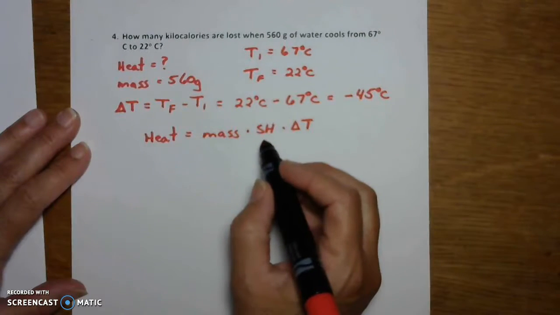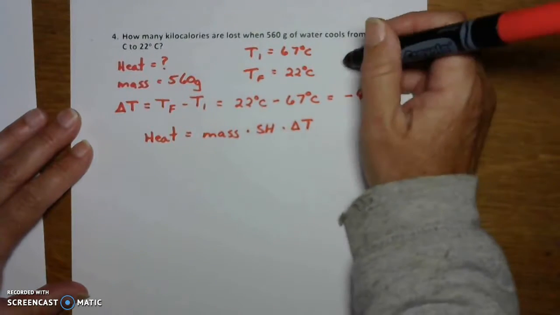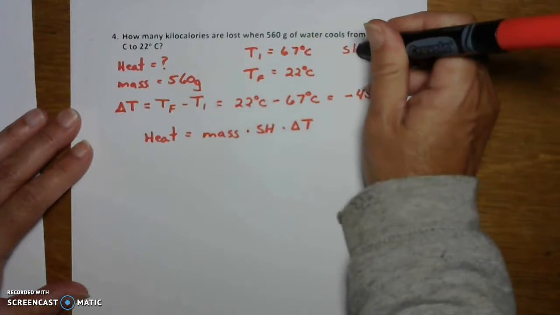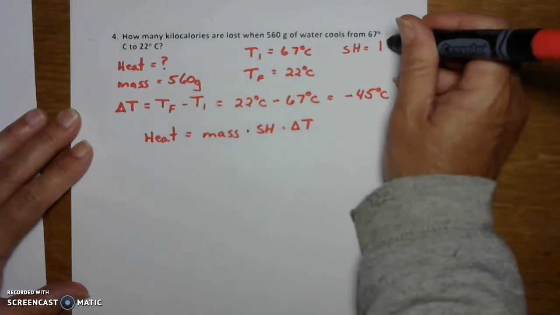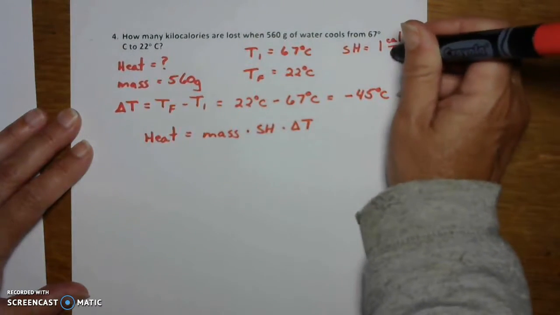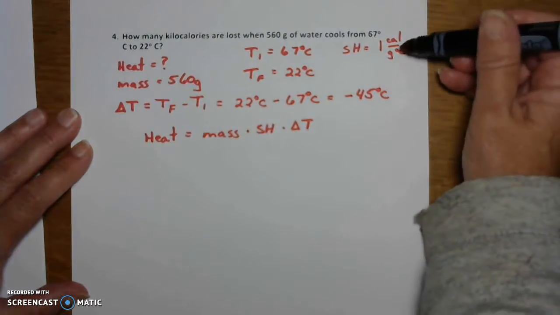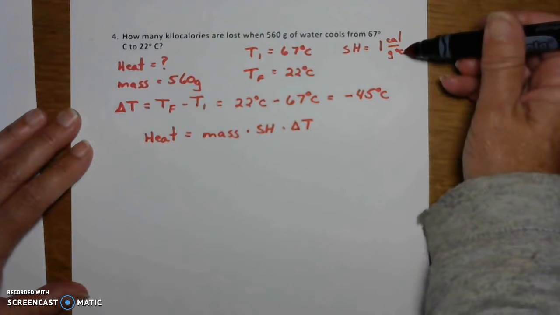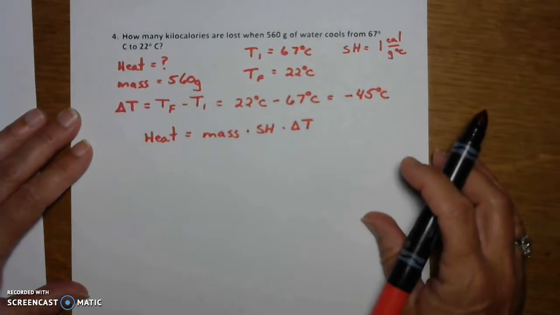However, we know that the definition of calorie is such that the specific heat for water is equal to 1 calorie per gram degree C. That just says that 1 calorie will raise a gram of water 1 degree Celsius.